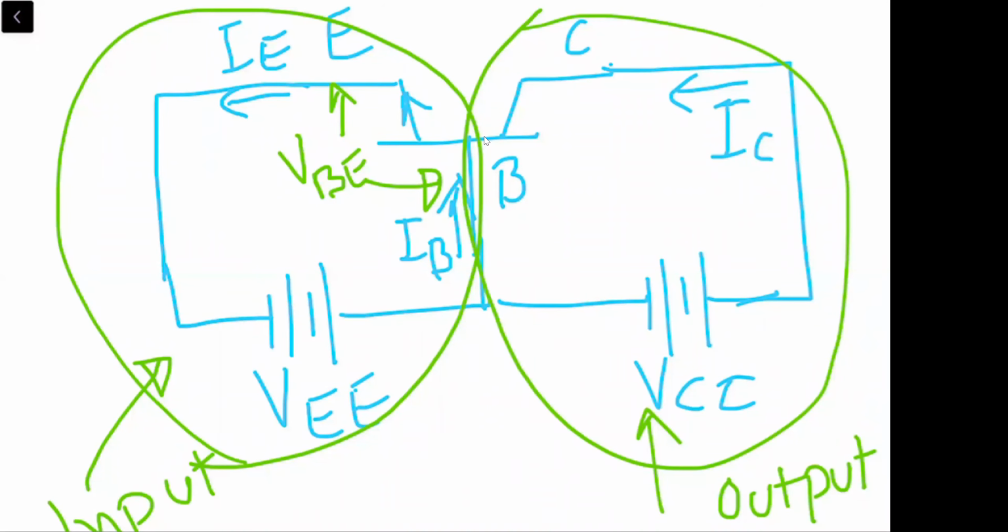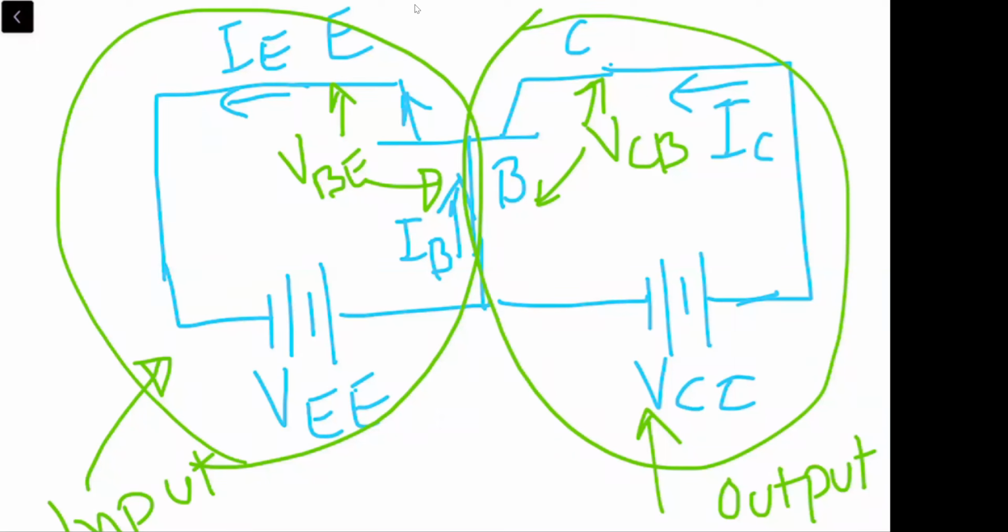Similarly, at the output side, we have the collector current, which is taken as the output current, and the output voltage is VCB, which is between the collector and the base of the transistor. Are you with me?